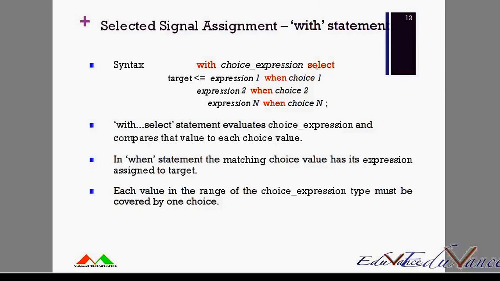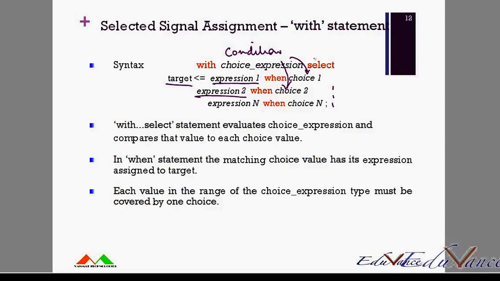With and select are keywords. So with my condition, I select. My target signal would get a first value depending on the first value of my condition, it would get a second value if I have another value for my condition, and then this would continue depending on how many conditions I have.